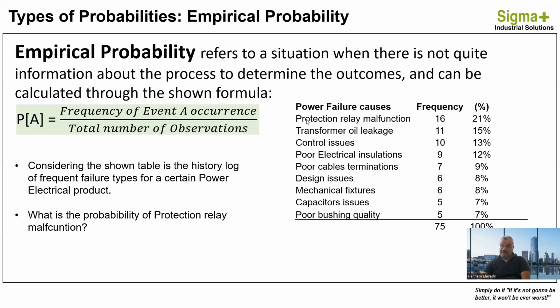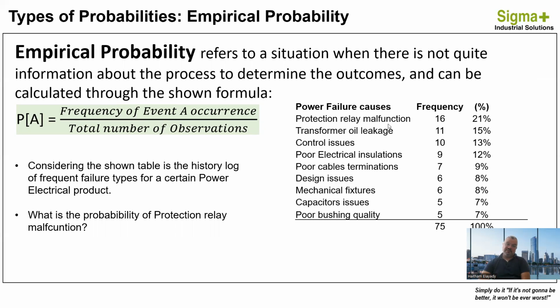You can see there are different categorized failures for that product and how frequently they occurred. The protection relay malfunction occurred 16 times. The transformer oil leakage happened 11 times. Control issues occurred 10 times within the period.